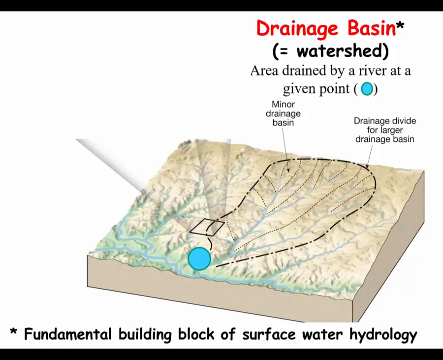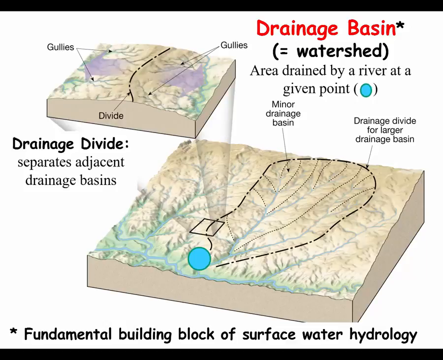So that's basically the area that is drained past a given point. So the drainage basin is always in reference to a point. And it's defined by a drainage divide. And essentially that is the place where water either drains away from or into the drainage basin.